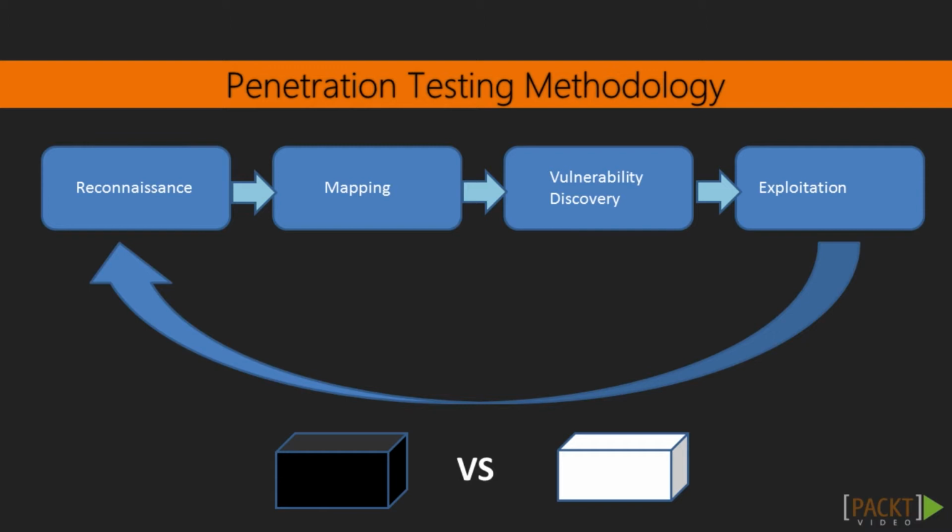One of the techniques to support the mapping is spidering or crawling. Also, in this phase, we are going to discover non-linked resources by performing brute force attacks. Once we have all the components, parameters, forms, and functionalities mapped out, we move to phase 3, where we are going to start the vulnerability discovery.